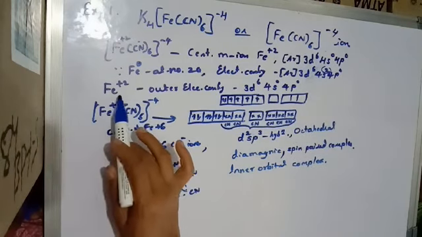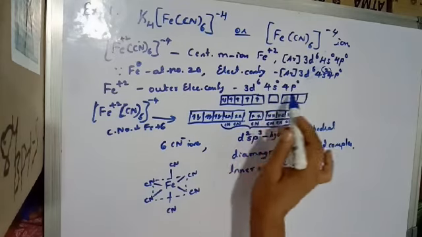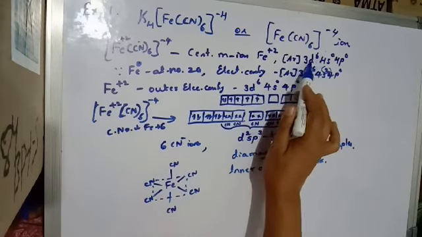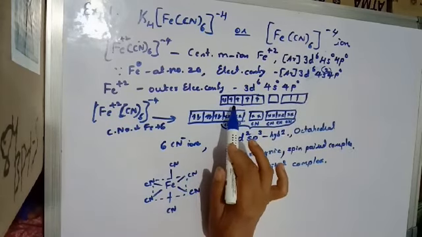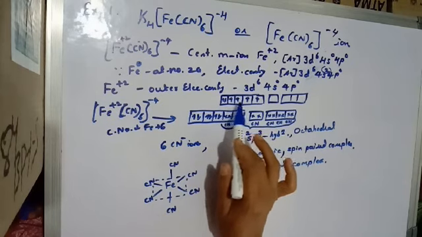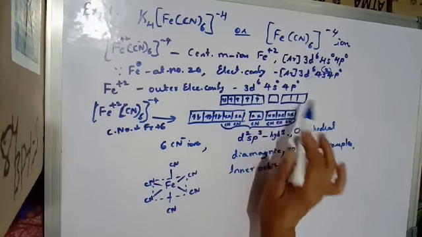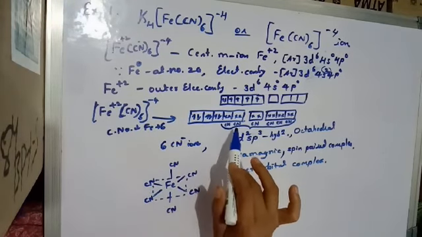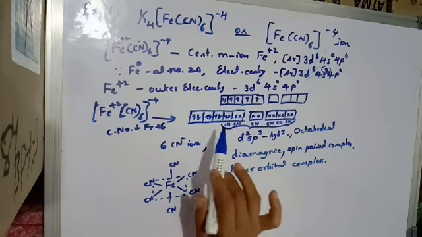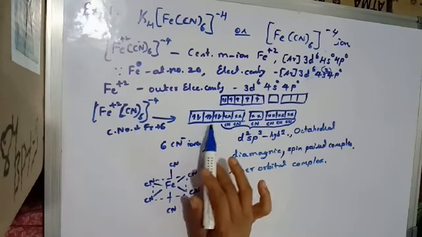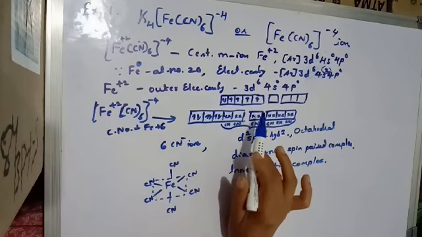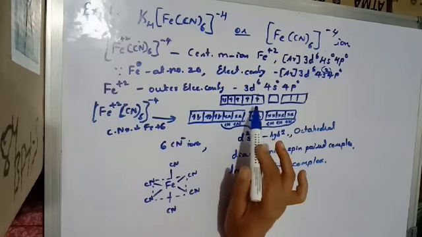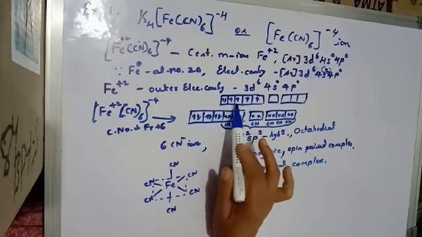So now Fe2+ outer electronic configuration, I have taken 3d6 4s0 4p0, and I have shown it by picture. During the complex formation, when the 6 cyanide ions approach the metal ion, due to the strong field the unpaired electrons of the metal ion are forced to pair up.